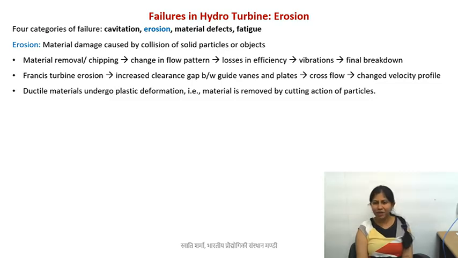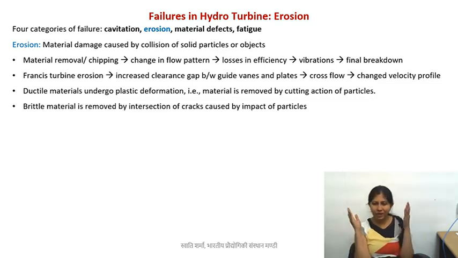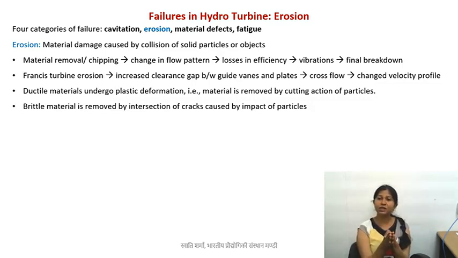What happens in brittle materials is that when your particle hits the material, cracks are formed and the material experiences damage because of the intersection of these cracks. Depending upon how strong these cracks are, how large they are, and what the intersection pattern is, you may have complete damage to the material.